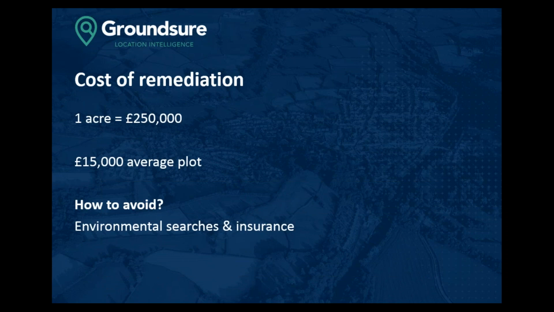Now, the average cost of cleaning up contaminated land is a whopping £250,000 per acre, meaning making right the average contaminated plot in the UK would cost approximately £15,000. It's basically money that nobody has.